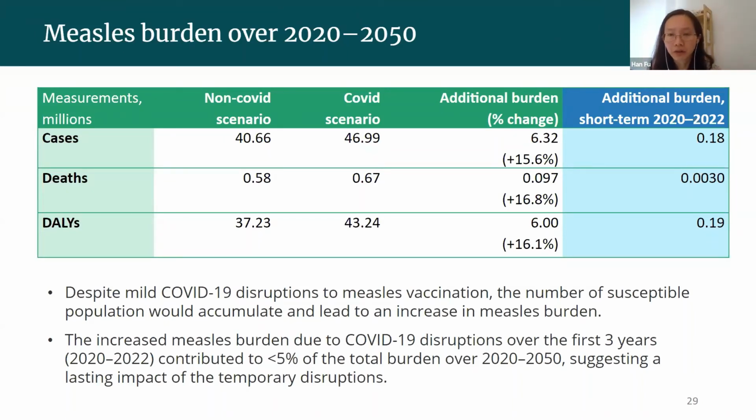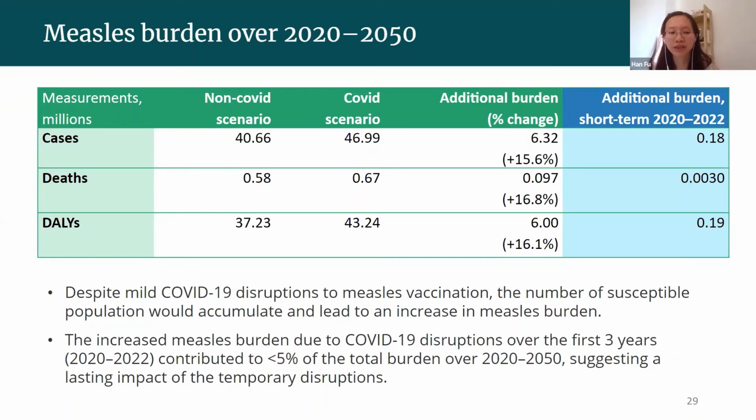In addition, we also calculate the additional burden in the first 3 years, which is in the blue columns. So this suggests that the additional burden in the first 3 years only contributes to less than 5% of the total burden over 2020 to 2050.